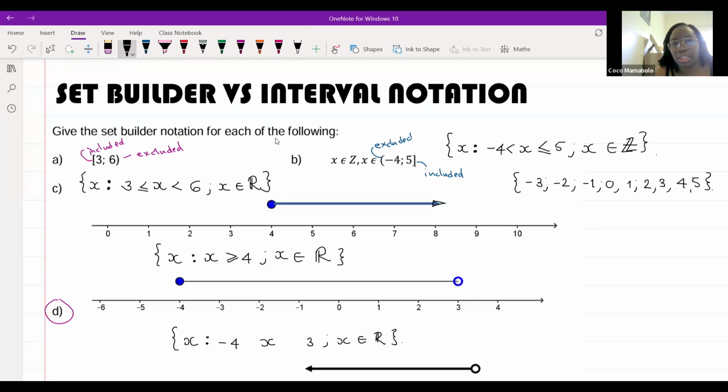Now, remember again, guys, if my X is sitting in between here, let's say, for instance, X is at -1. We know that between -4 and -1, -1 is the bigger number. So my sign must open towards X. Okay, but because it's also equal to, because our dot is shaded, this should be -4 is less than or equal to X. And on this side, 3 is definitely bigger than X. So this must be X must be less than 3.